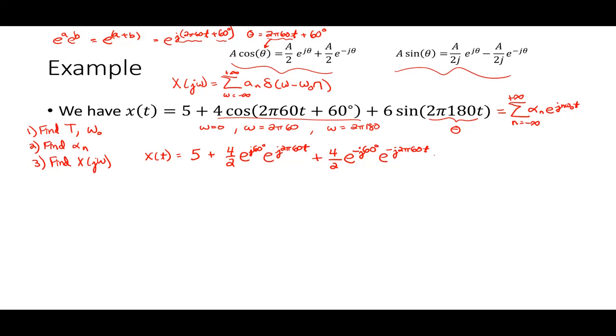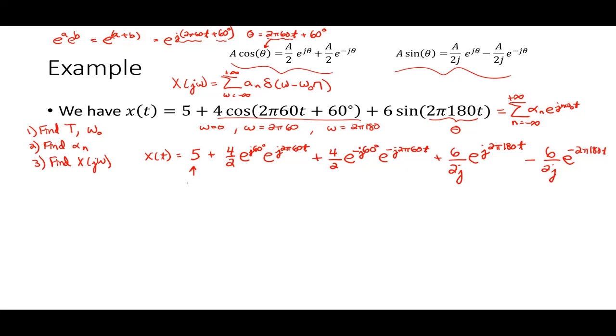So a is 6, so I'll write this as 6 divided by 2j times, doing the positive frequency term first, e to the j 2 pi 180t, minus 6 over 2j e to the minus j 2 pi 180t, like so.